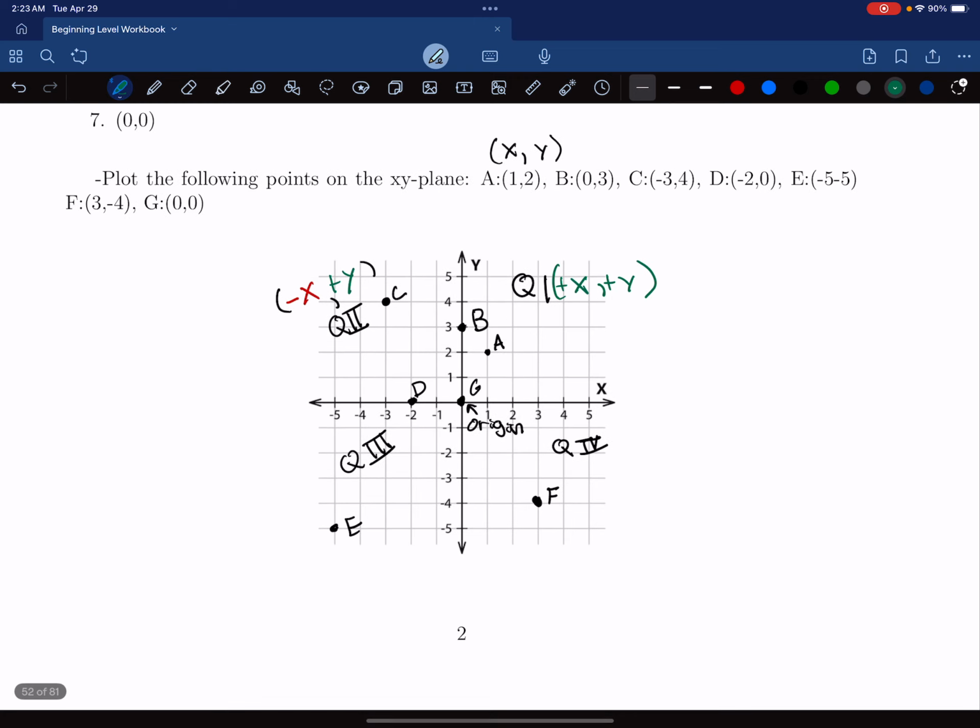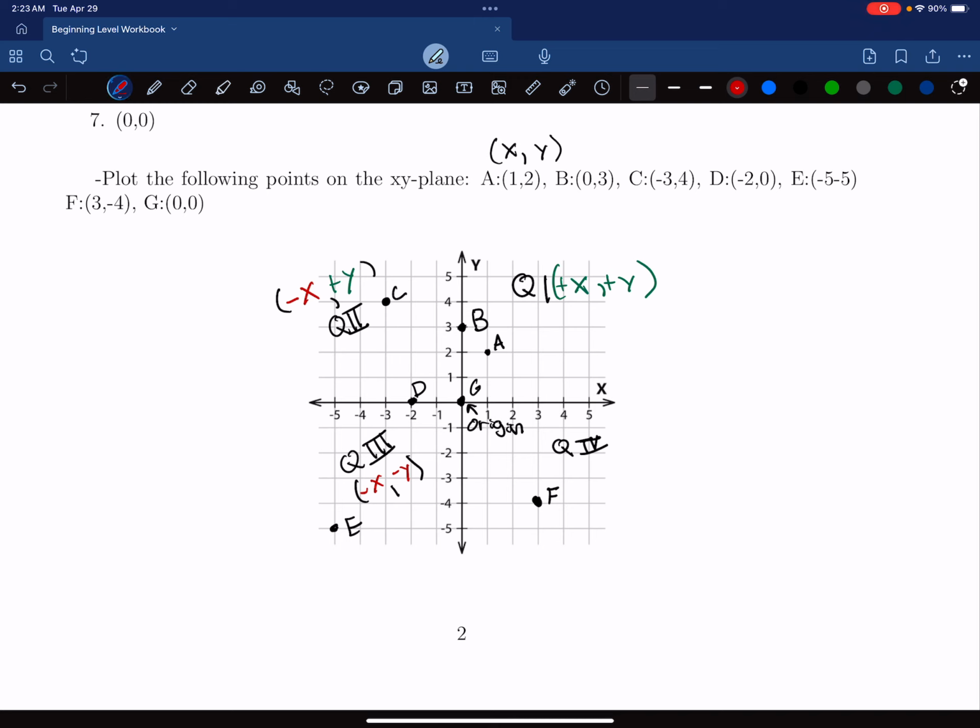And then looking at quadrant 3 down here, all of our x terms are going to be negative. So all of our x terms are going to be negative, and all of our y terms are also going to be negative.